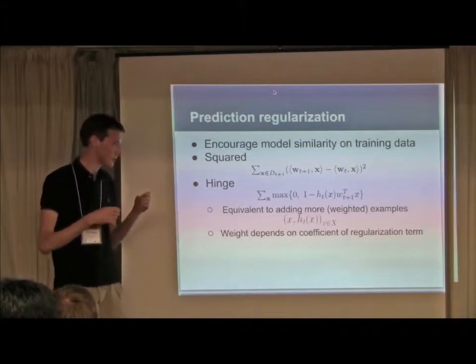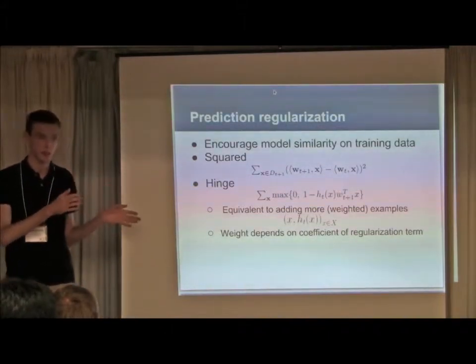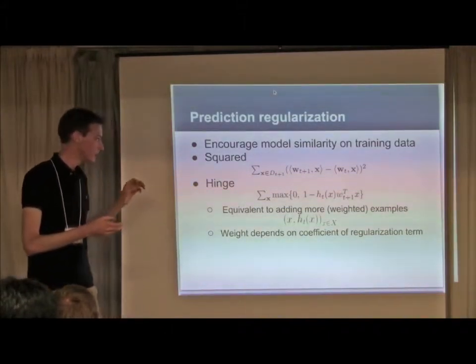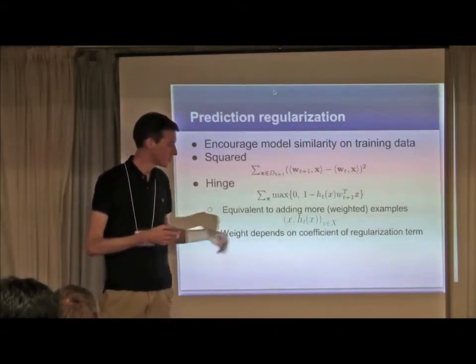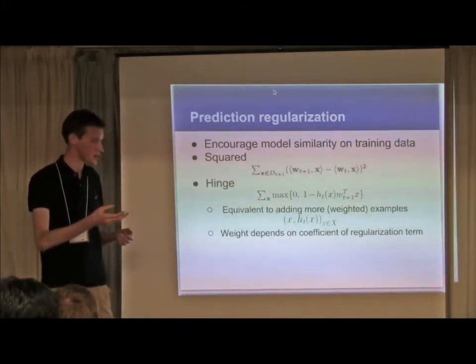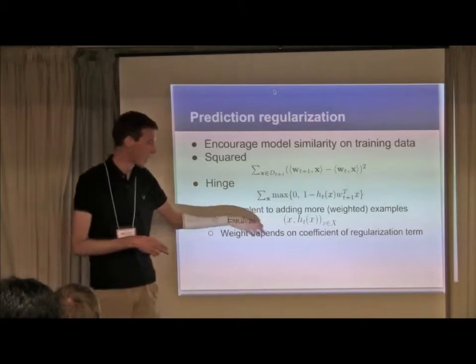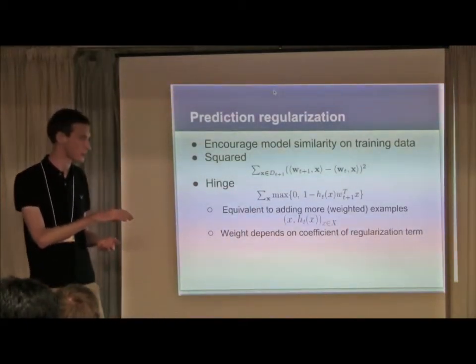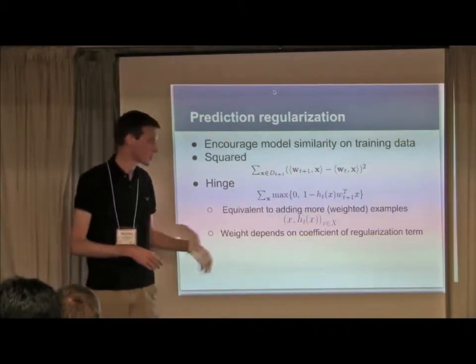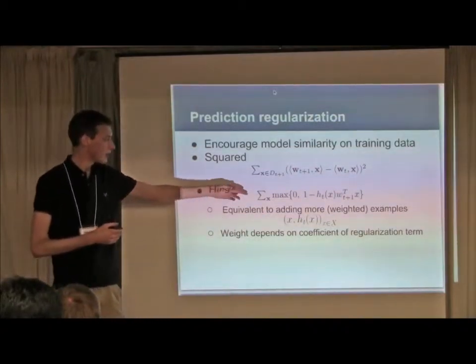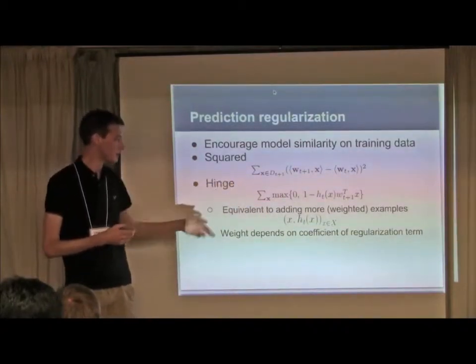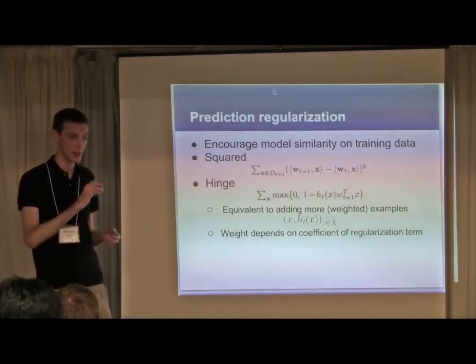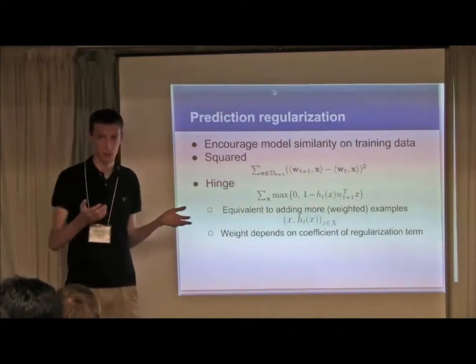This is actually equivalent to virtual examples in the training set. Instead of using the true classification of the point in the training set, we would add points with the classification given by the previous model. These are going to be weighted in the sense that if we have some coefficient of the regularization term, then that's also the weight we would want to use on the virtual examples.